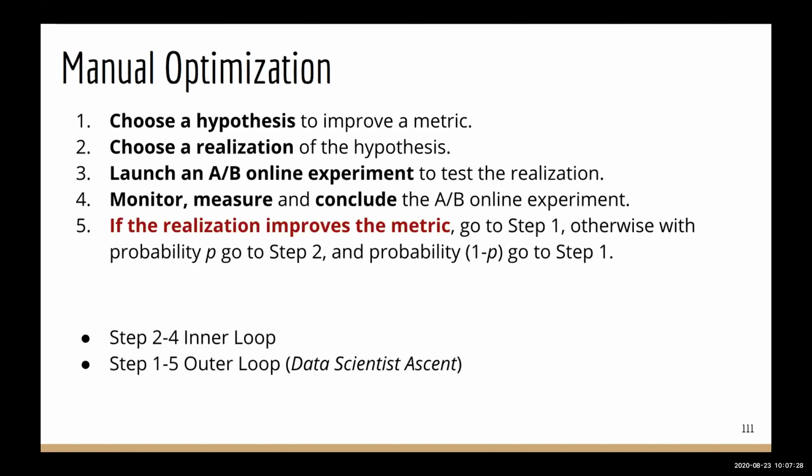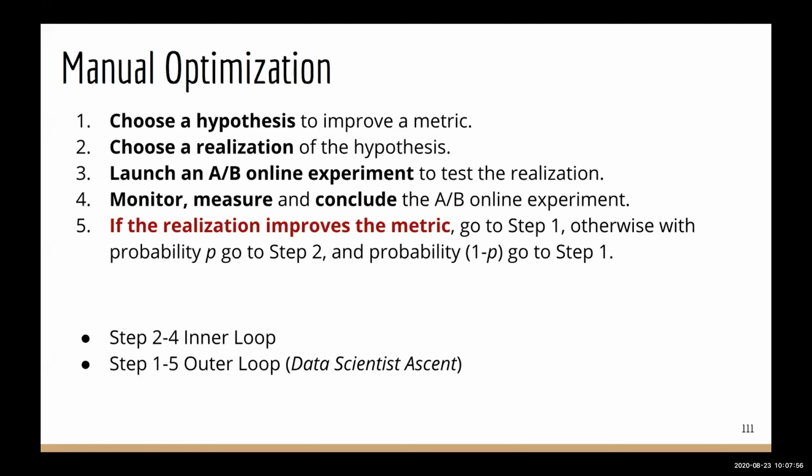And if we pay closer attention to this procedure, right, then you will see a couple of places are manual. So the first step is manual. You have to think about a hypothesis. It's not coming from somewhere automatically. It is from domain expertise. It is from engineers, product managers, designers, data scientists, and so forth.